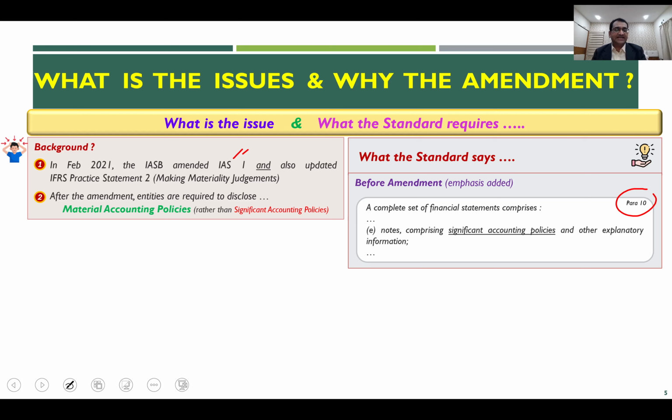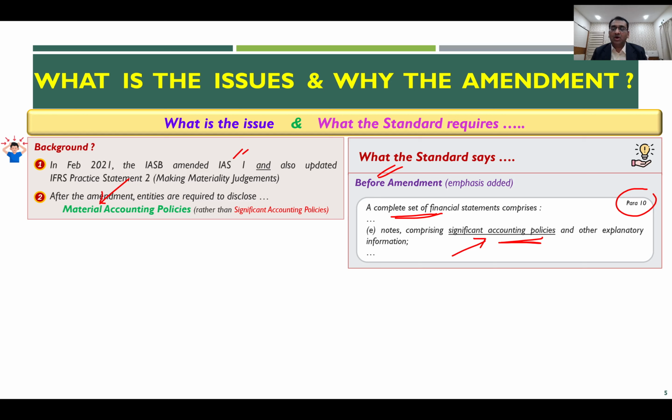In both the standards, before the amendment, a complete set of financial statements inter alia required notes to be prepared, and those notes should comprise significant accounting policies and other explanatory information. After the amendment, this requirement has been replaced by material accounting policies.